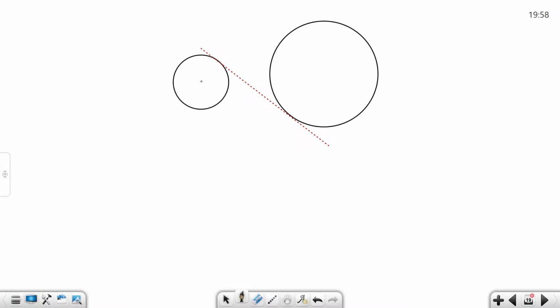So here again, let us say C1 be the center of this circle and C2 be the center of this circle. Now let me join C1 and C2. It is going to intersect the transverse common tangent, let us say at the point P. Now let me join the center with its point of contact.